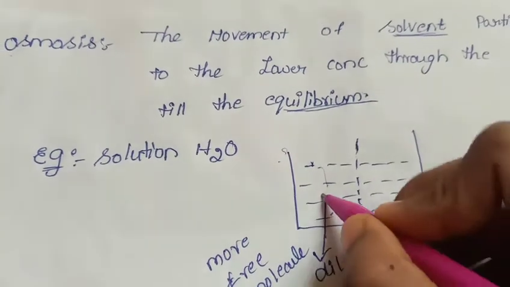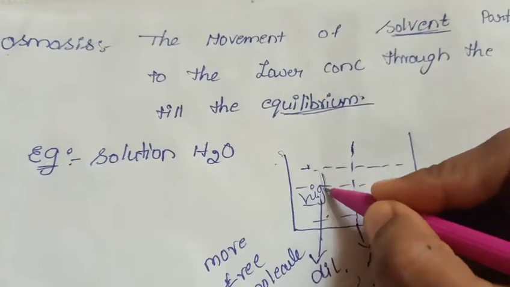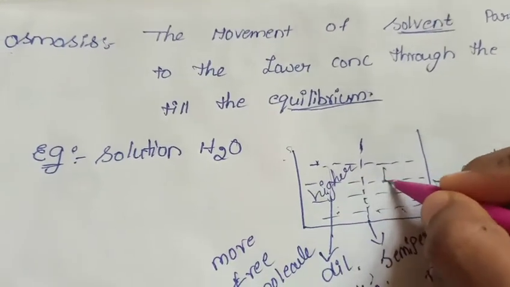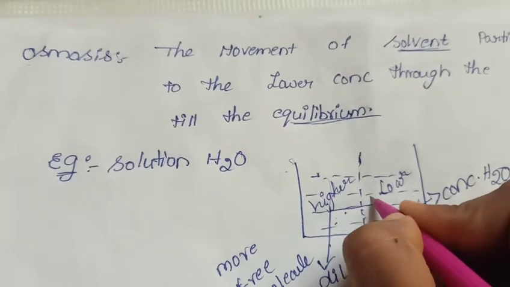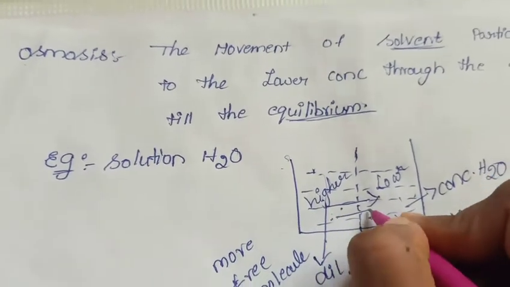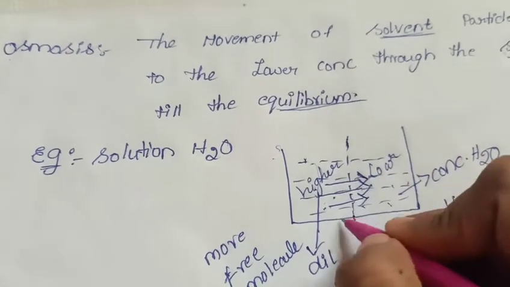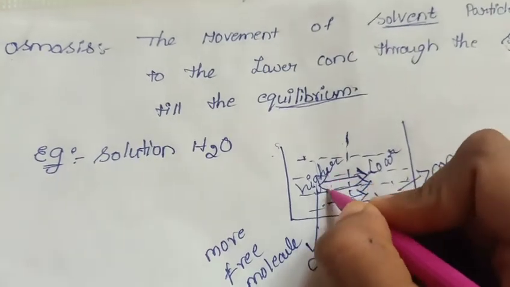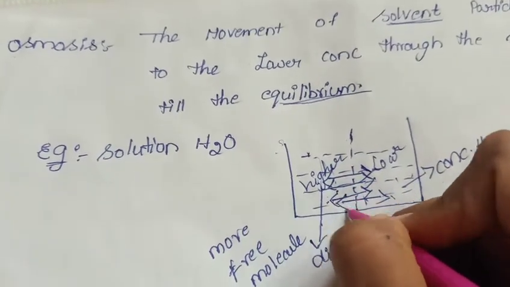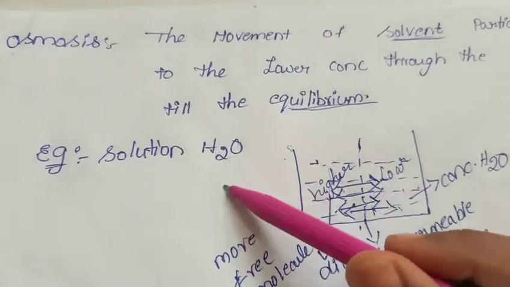That means the diluted side has the higher concentration of water and the other side the lower concentration. Hence the free molecules from the diluted solution will move towards the concentrated solution up to the equilibrium state. Hence this is the osmosis process in solutions.